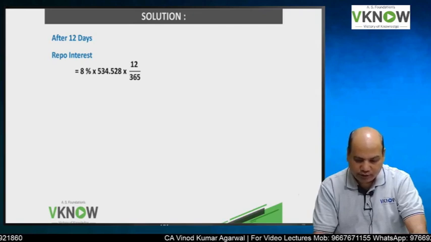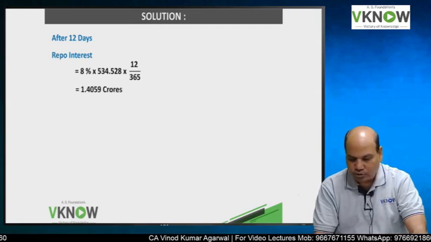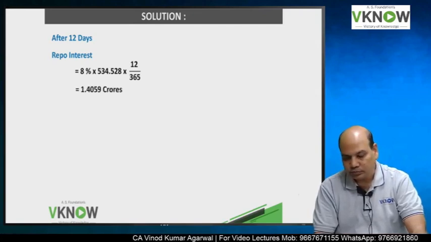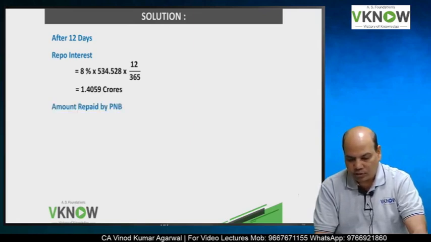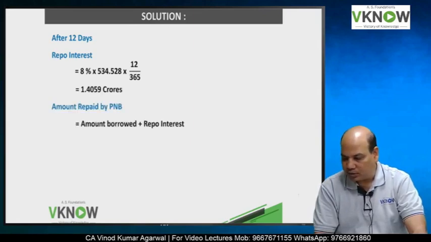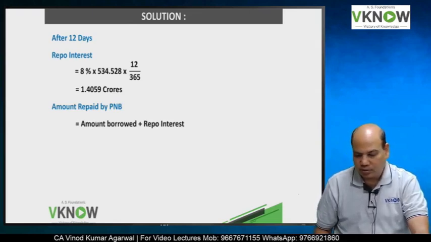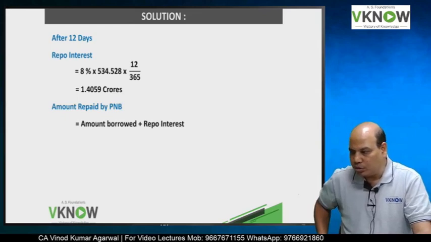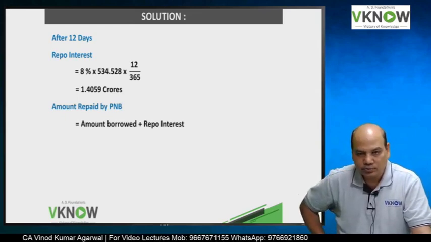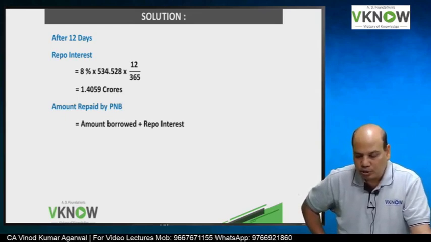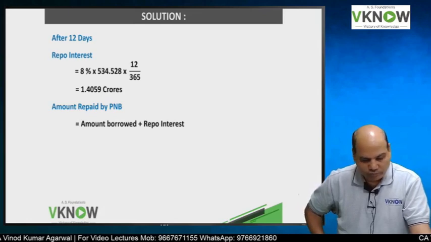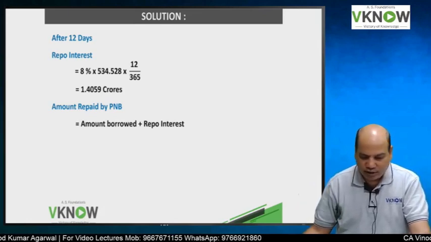Now repo interest rate is given, the amount you have to compute. How much is that? 1.4059. Now write down amount repaid by PNB. Amount repaid will be amount borrowed plus repo interest. This is called second leg payment.